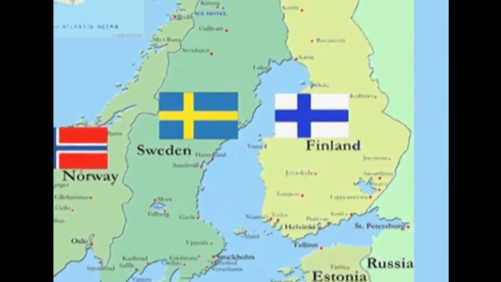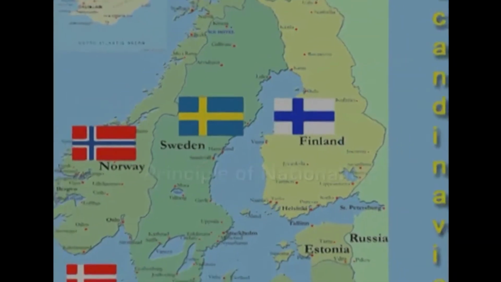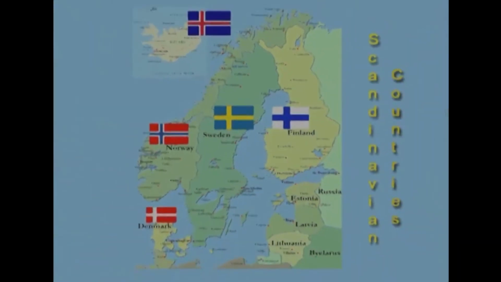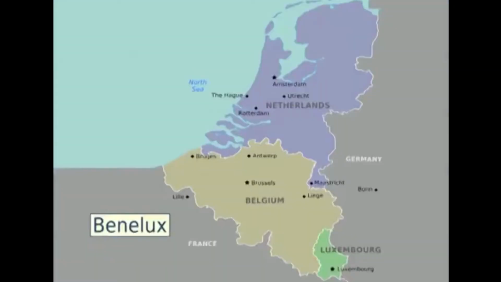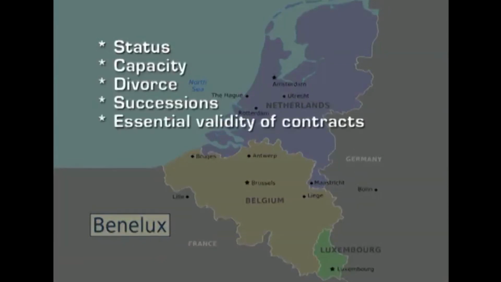Sweden and Finland laws follow the principle of nationality. They resolved this through the principle of party autonomy. Benelux countries made similar attempts in personal law matters such as status, capacity, divorce, successions and essential validity of contracts.